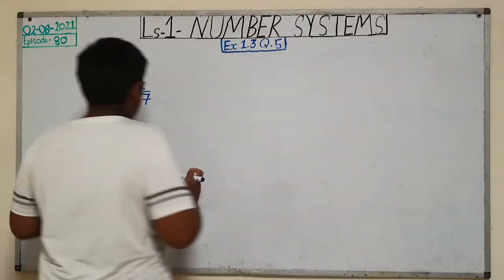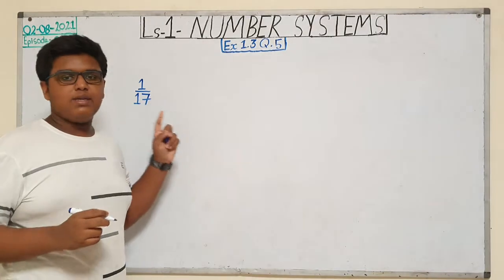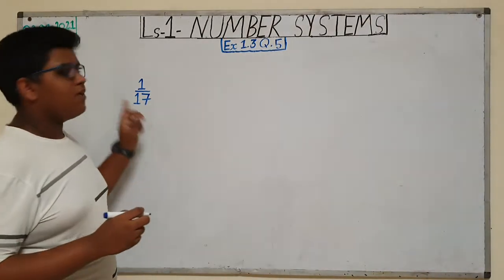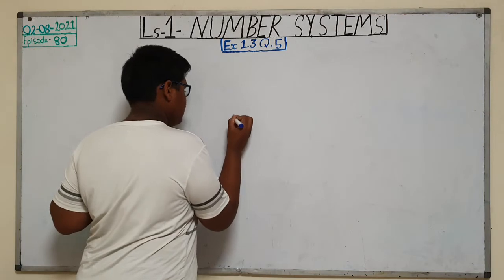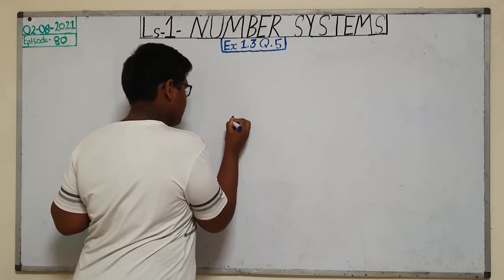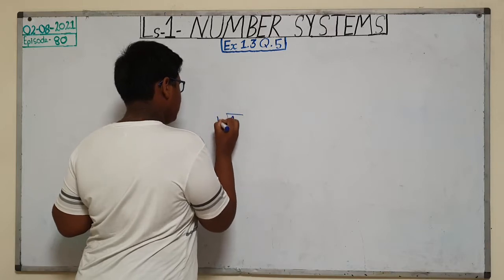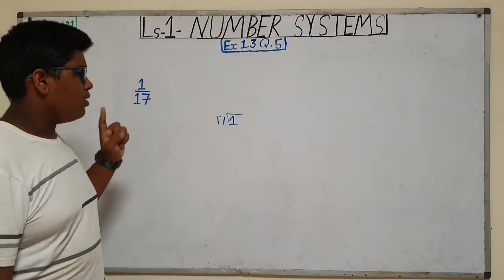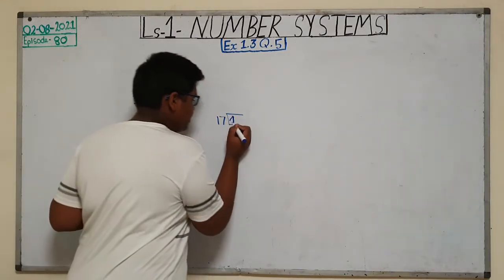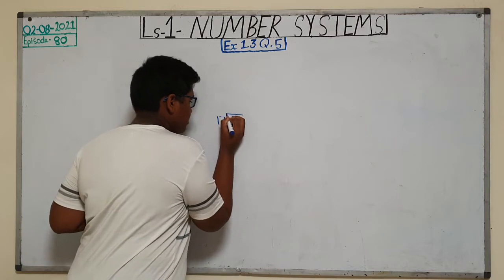So let's begin. To show how we can make it into a decimal expansion, we have to divide it. So let's take 1 inside as it's the numerator: 1 divided by 17. Now we have 1 inside as the dividend and 17 as the divisor.